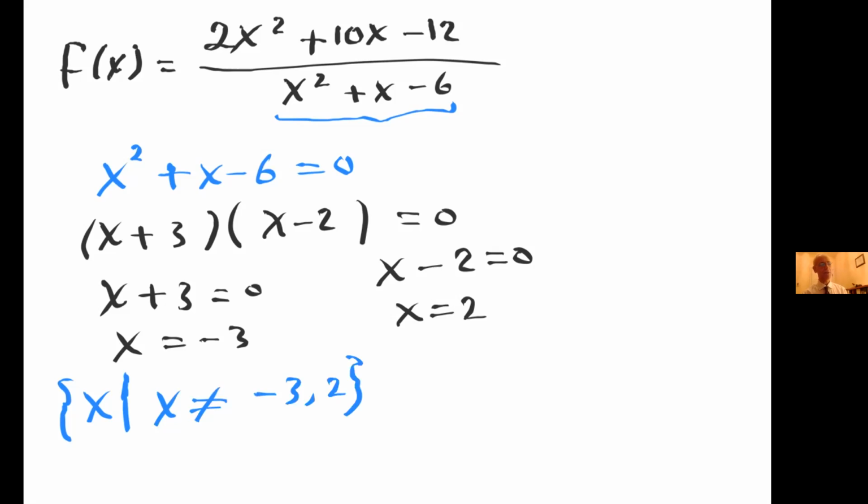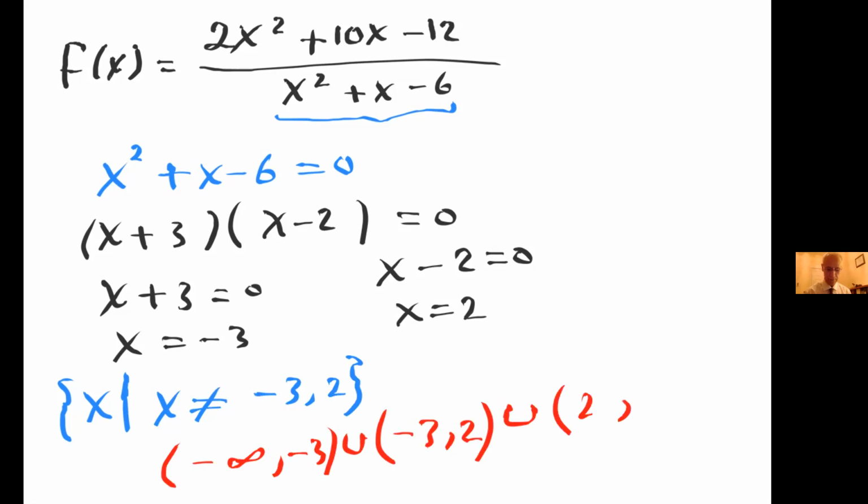Another way that I personally think is easier to remember is to say that the domain is from −infinity to −3, together with, or union, from −3 to 2, union from 2 to infinity. Notice that I'm starting from smaller values and working to the higher values.